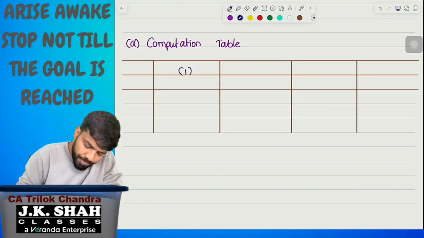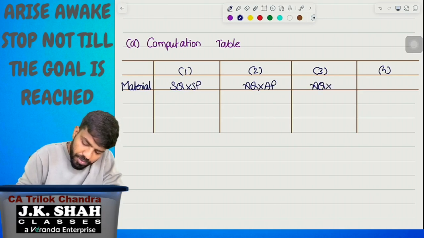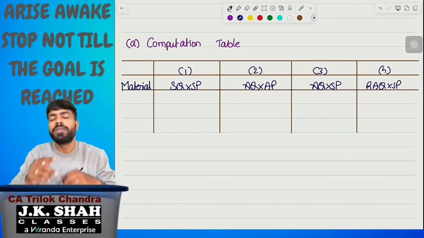Column number 1, column number 2, column number 3, column number 4. This is material. SQ into SP, AQ into AP, AQ into SP, RAQ into SP.